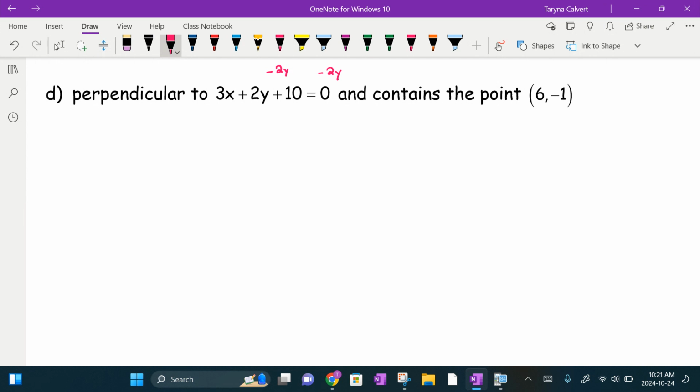If I do that, it's just weird taking it to that side and making it a negative. But we should be able to be okay with that. So now we have 3x plus 10 equals negative 2y. And then now everything's going to be divided by negative 2.